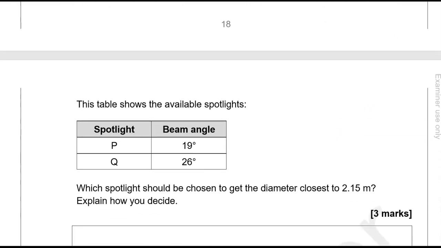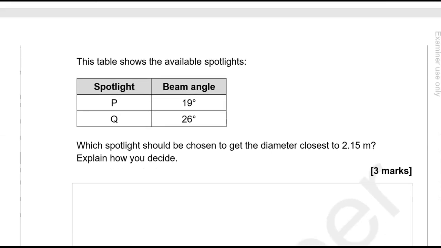This table shows the available spotlights. Which spotlight should be chosen to get the diameter closest to 2.15 meters? Explain how you decide. So we're going to use both of them for P and Q.